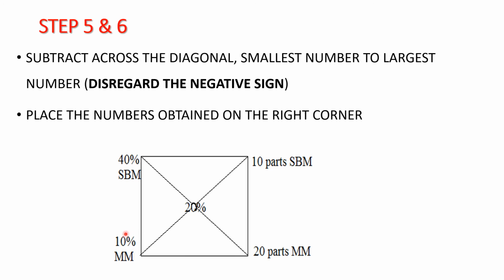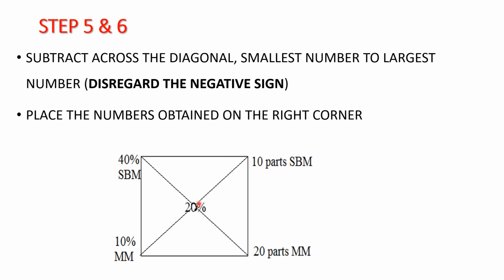Here we're saying 10% maize meal, and after subtracting from 20%, we're getting parts of soybean meal. We may ask, how come? Here we have the maize meal and we subtract from 20%, and yet here we're writing part of soybean meal.